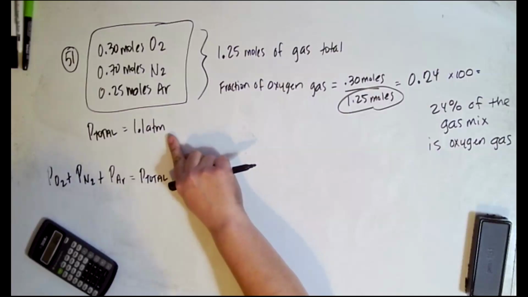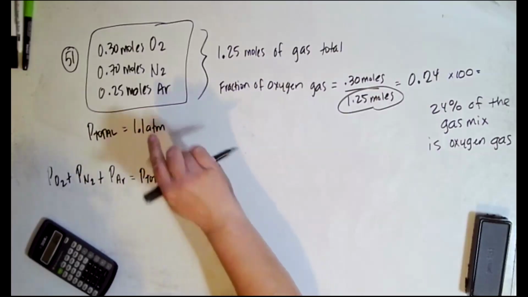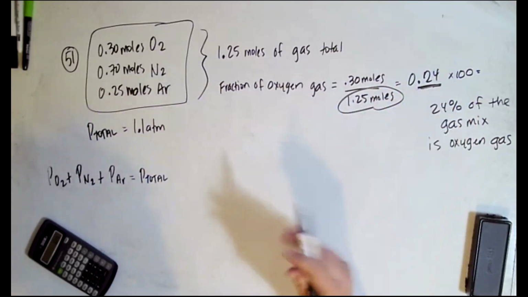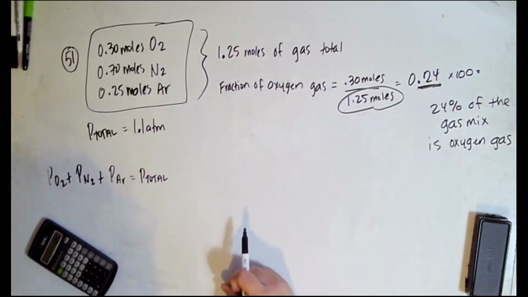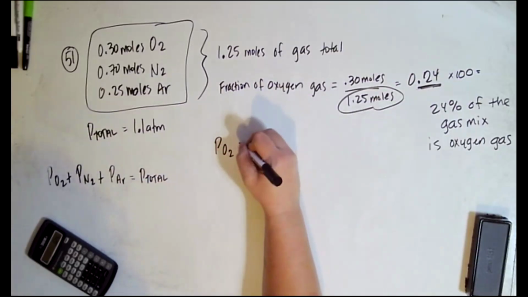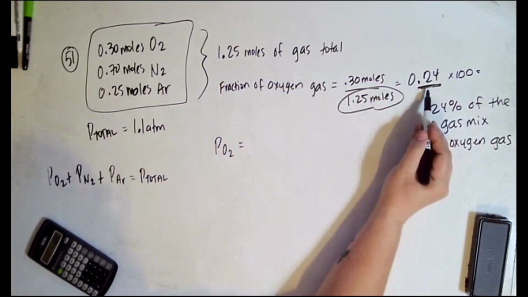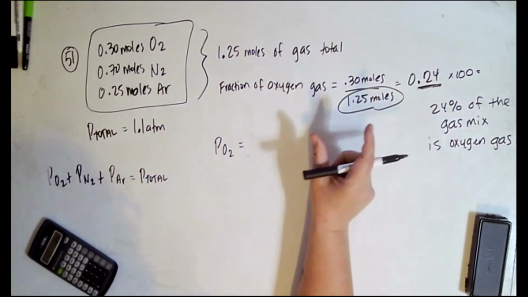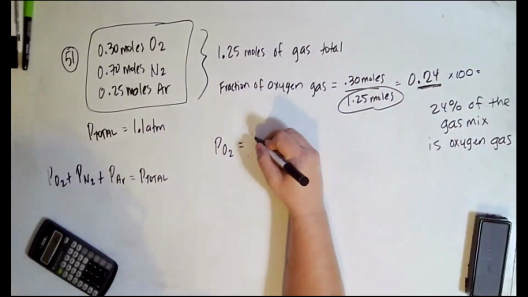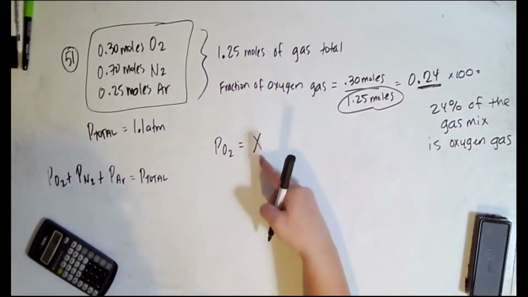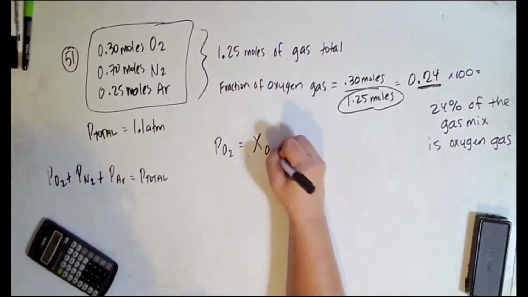So if I want to figure out how much of this pressure belongs to oxygen, I'm going to take my total pressure, I'm going to multiply it by the fraction of it that belongs to oxygen. So my pressure for my oxygen is going to be the oxygen's decimal, oxygen's fractional value, which is actually called a mole fraction, but we didn't give it a name. I'm just going to call it X for now.